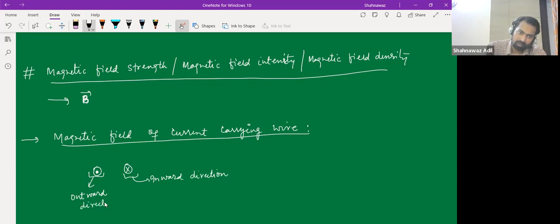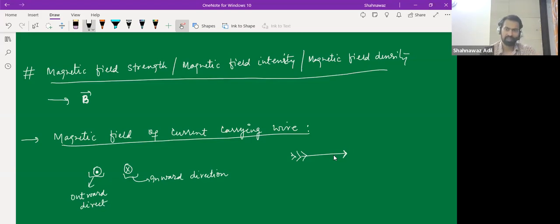Let's say this is an arrow. When you see the arrow coming at you, coming out of the screen, you will see the point of the arrow.